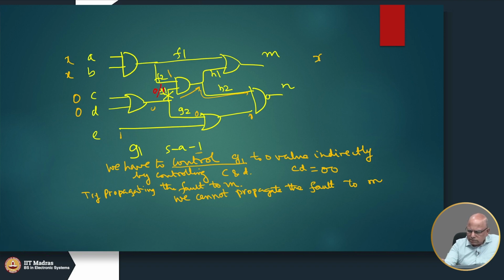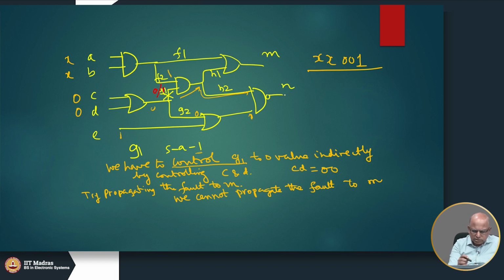So, XX001 is a test vector for this G stuck at 1. Apply any values to XX, it could be 00, 01, 10, 11, it does not matter. You have to make sure that C is 0, D is 0 and E is 1. Then take a measurement at N. If the circuit is good, then what will it produce?